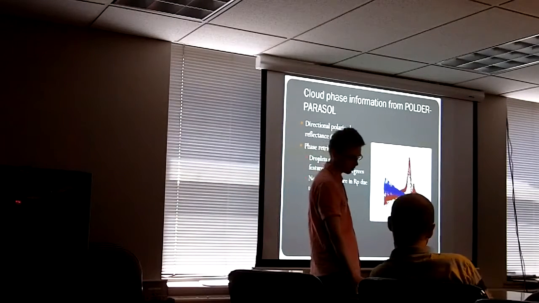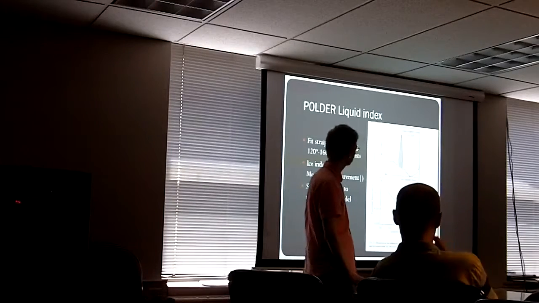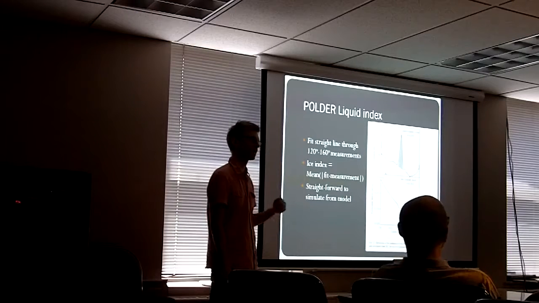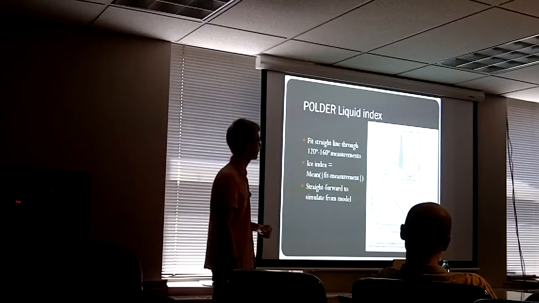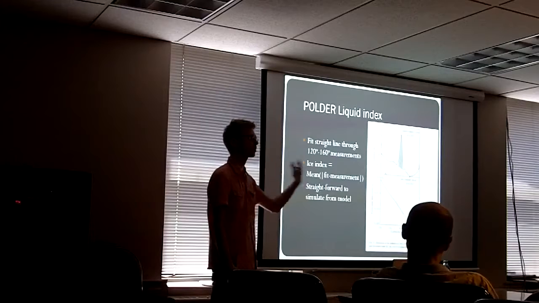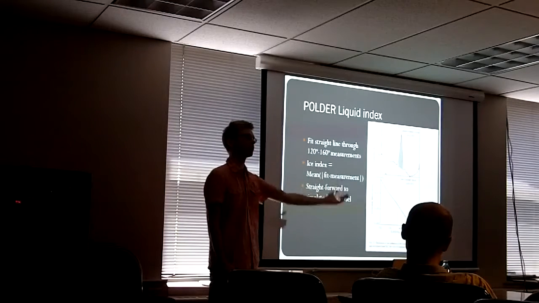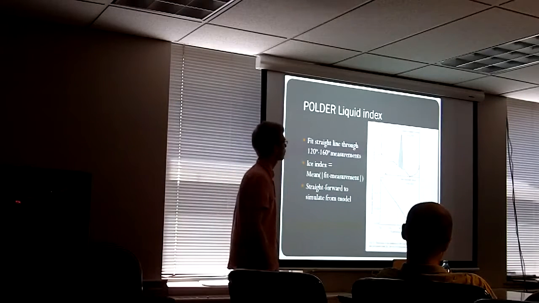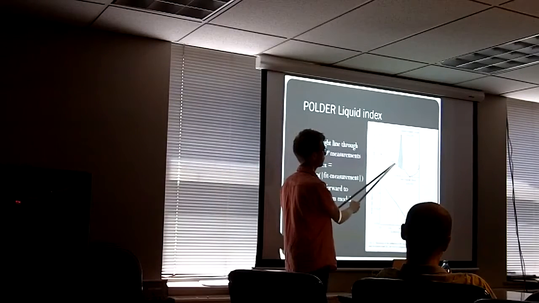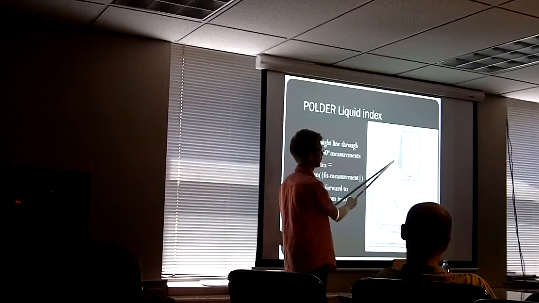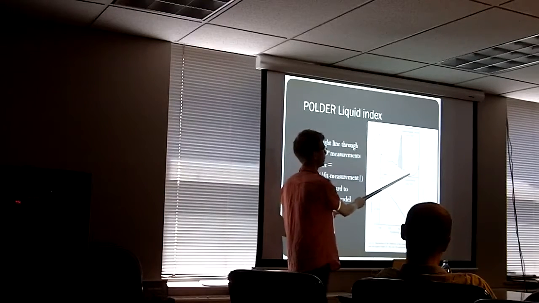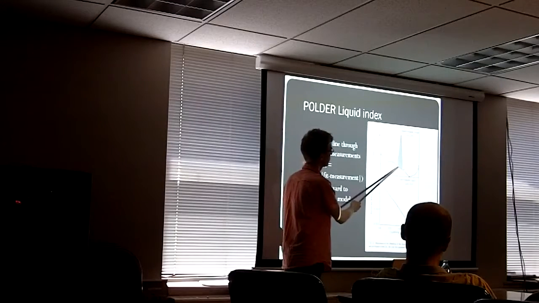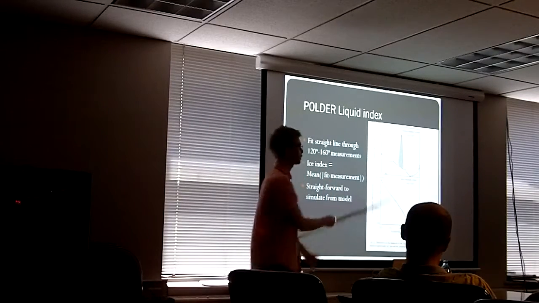So we can use this. We define what we call a liquid index, which is a measure of how much you see this rainbow feature in your measurements. What I do is I take the measurements and fit a straight line between measurements located here and located here. The dashed line is my straight fit between measurements here and here.